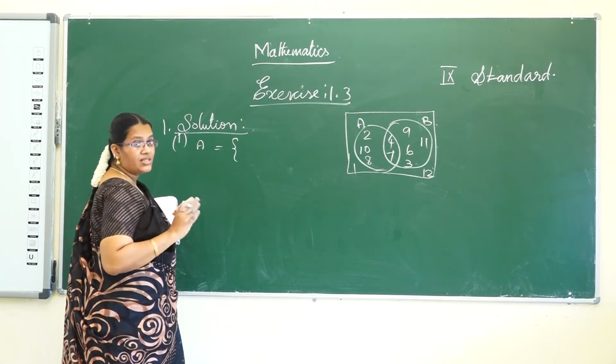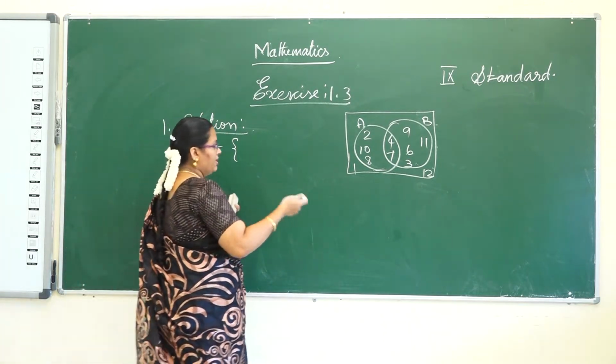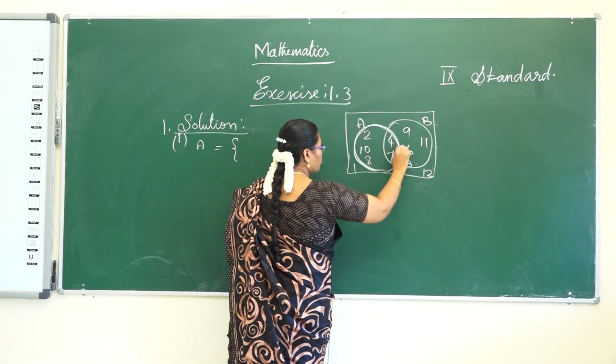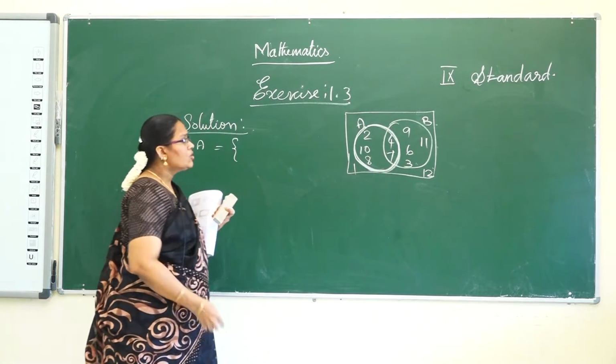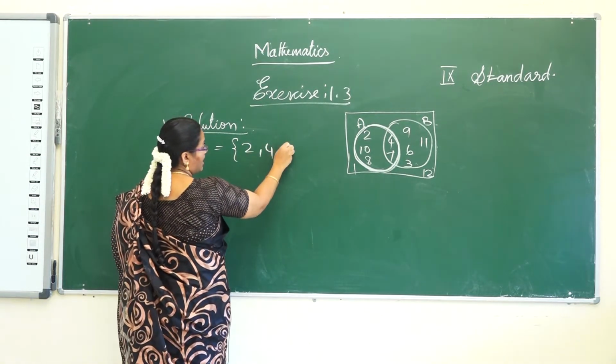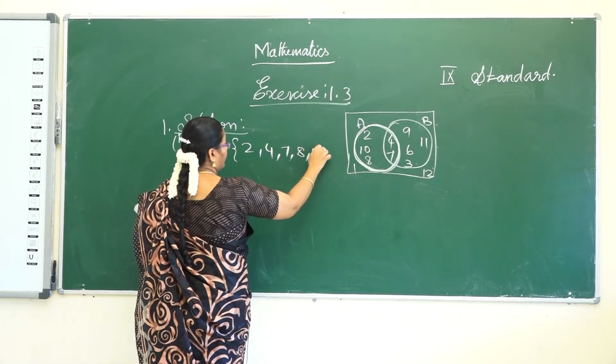Now listing all the elements in set A. So A means we consider this set. What are the elements contained in set A? 2, 4, 7, 8, 10.